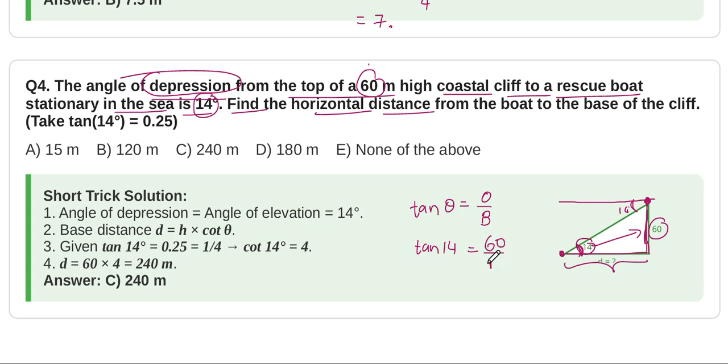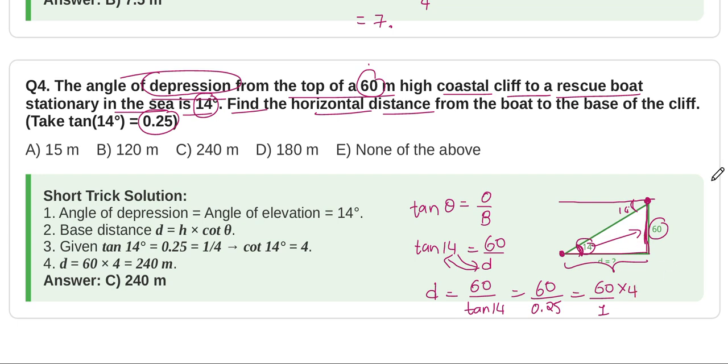Let's say the base is d. If we do the cross multiplication, d will come here and tan 14 will come down. So d is equal to 60 upon tan 14, and the tan 14 value is given 0.25. So 60 upon 0.25. 0.25 is nothing but, as we just wrote, 1 upon 4. So 1 upon 4 will go in the denominator.